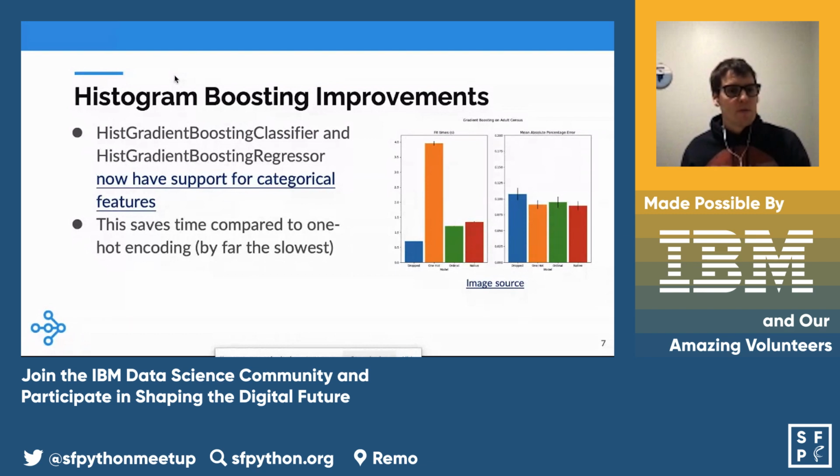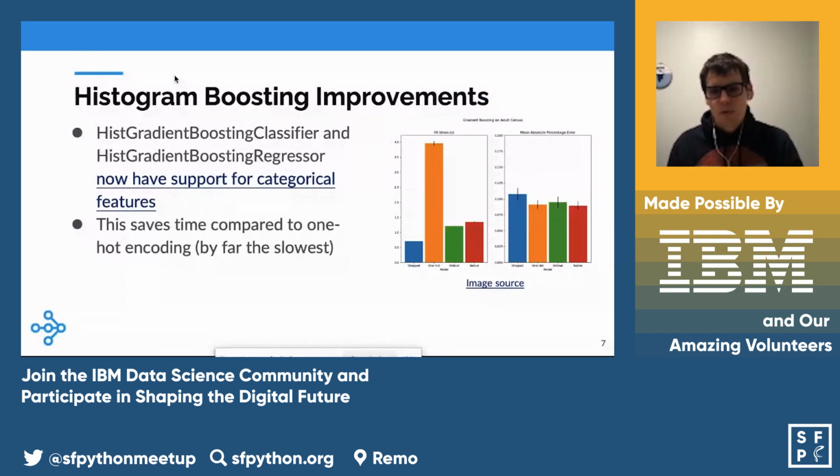So for example, histogram gradient boosting classifier and regressor used to not have support for categorical features. What this meant is they used to have to one-hot encode each column. So essentially, when training a model, when they had a categorical column, they would make one column for each category. If you had 10 categories in one column, you'd have 10 different columns. You have a lot more columns, and when you have more columns in your data, that means it takes longer to train.